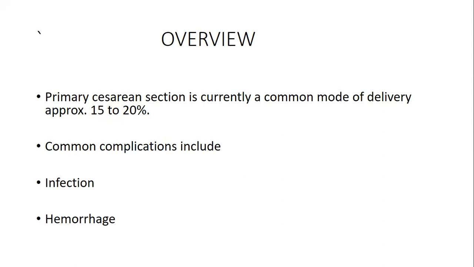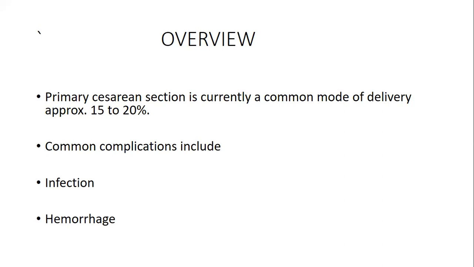It's a sterile environment. So sometimes due to poor technique, due to poor procedure practice, people may end up having infection. And remember, you've opened this uterus and infection may easily find its way into the uterus.